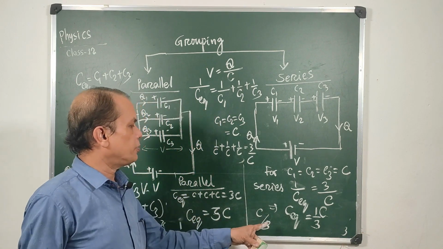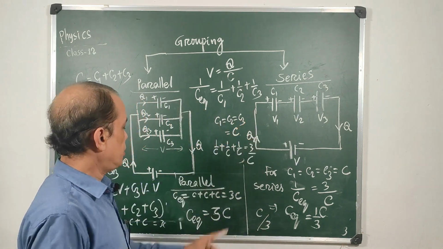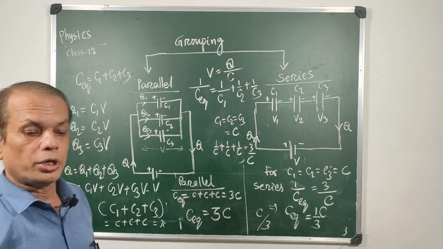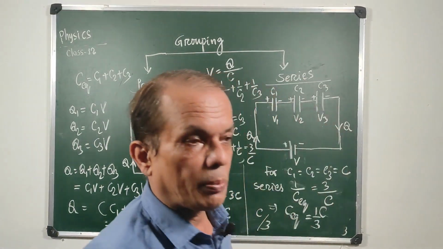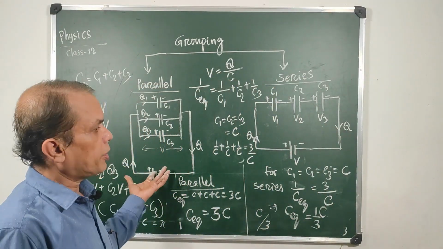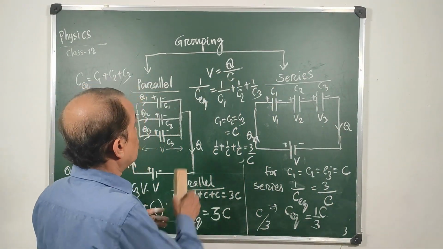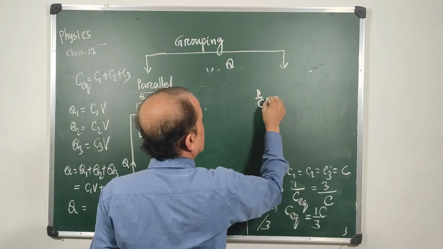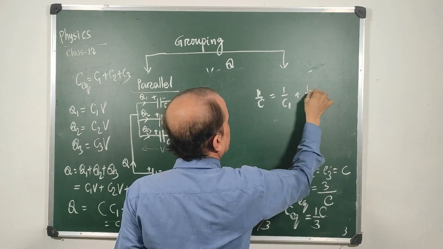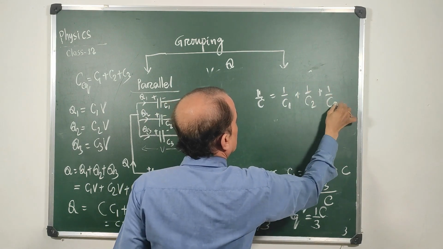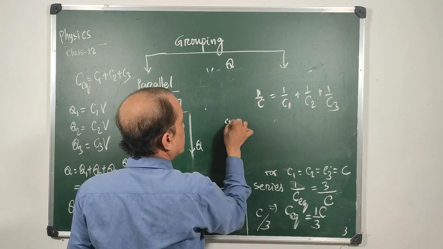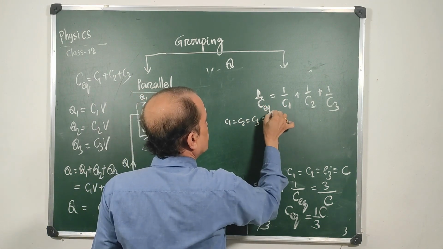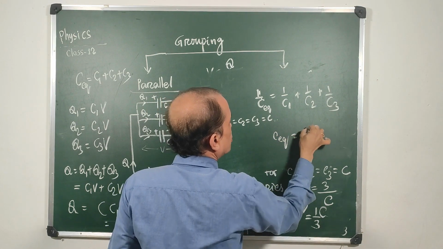So the capacitance becomes much less in case of series and much higher in case of parallel. So with this we conclude that capacitors can be grouped and we can find them mathematically. The two algebraic formulae for series, 1 by C is equal to 1 by C1 plus 1 by C2 plus 1 by C3, and when C1, C2, C3 are equal to C, we find Ceq is equal to C by 3.